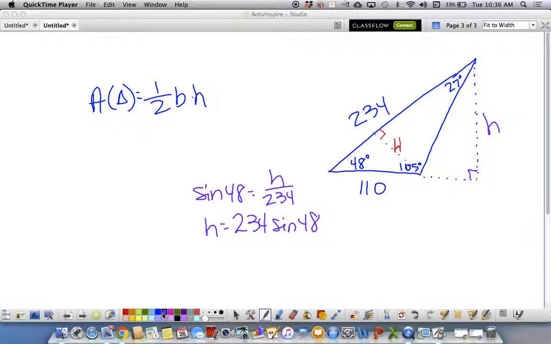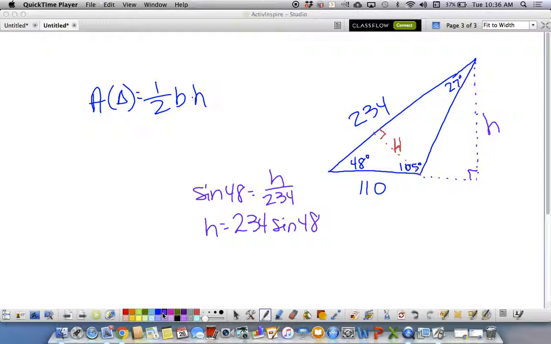Do we have a value for our height? We don't need anything else. Last time we had to have two equations. Now we don't. We just have one. Do we know what the height is? So do we know what the base is? Yeah, 110. Right?